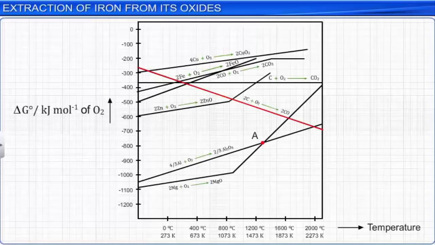Thus, the carbon monoxide oxidation line crosses the iron oxide iron reduction line and then remains below it.